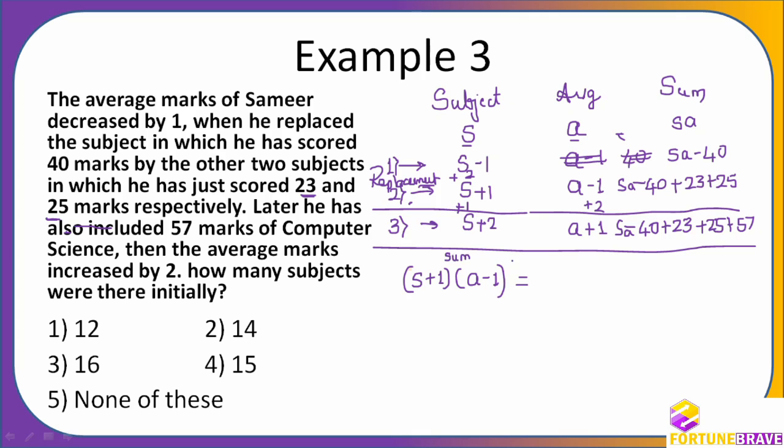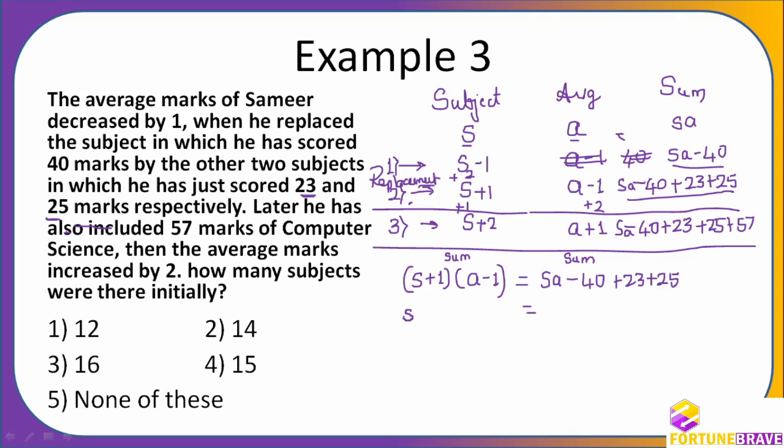This sum is equal to the sum we have calculated here. Right or wrong? When we remove 1 with 40 and then add 2 with 23 and 25, we'll get this sum, right? So SA minus 40 plus 23 plus 25, which is equal to how much?